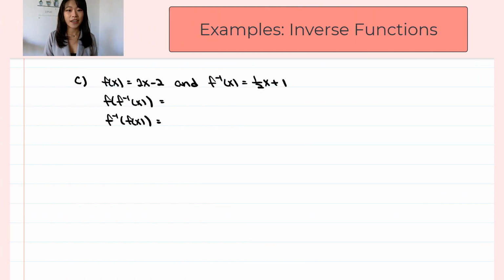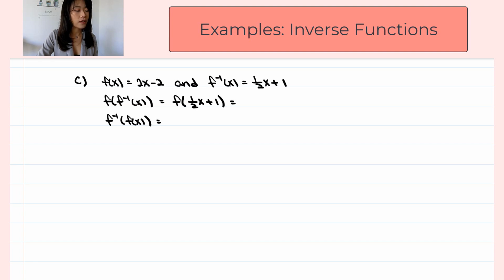And in part C, we want to algebraically verify that the function that we just found is the inverse of function f by checking that their composition functions equal x. Let's start with f of inverse of f. So the input to the function f will be the inverse of f, which is half of x plus 1.